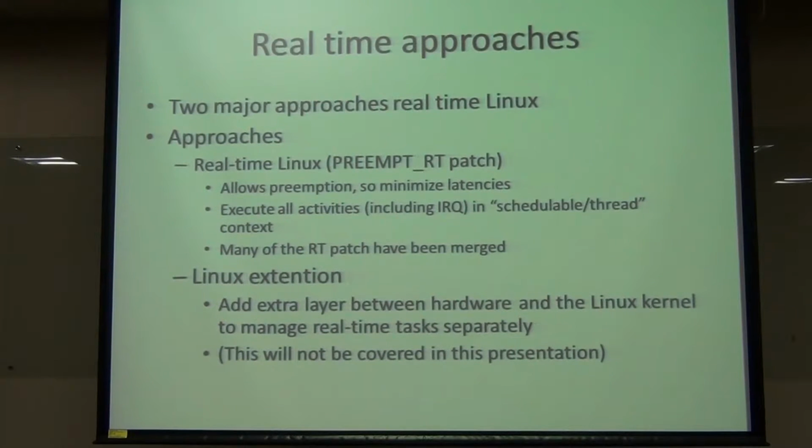And I'm going to be talking about more, but many of the RT patches are already merged to the mainline kernel. So the mainline kernel has already benefited from the RT patch approach.